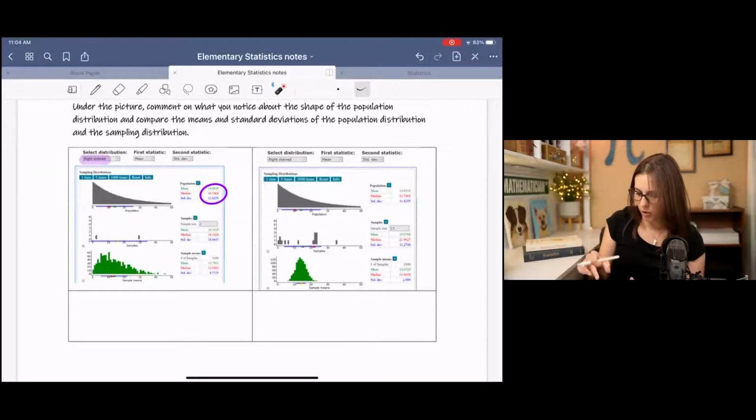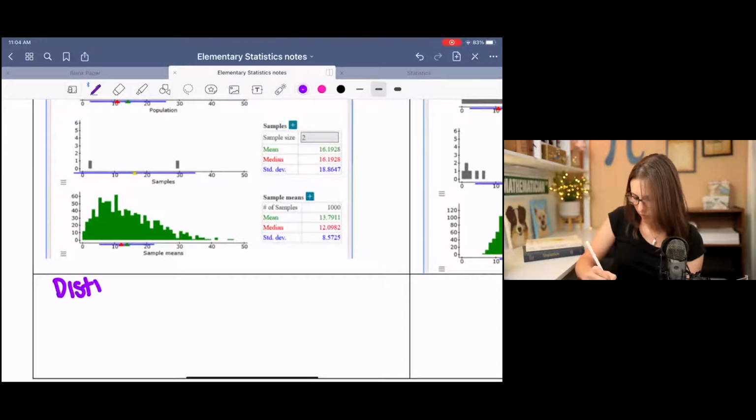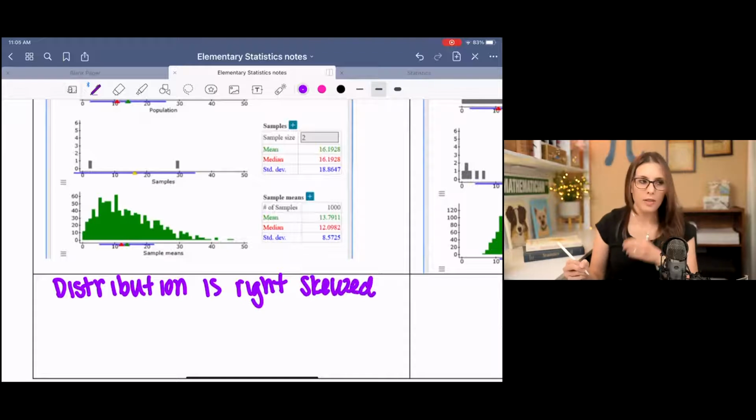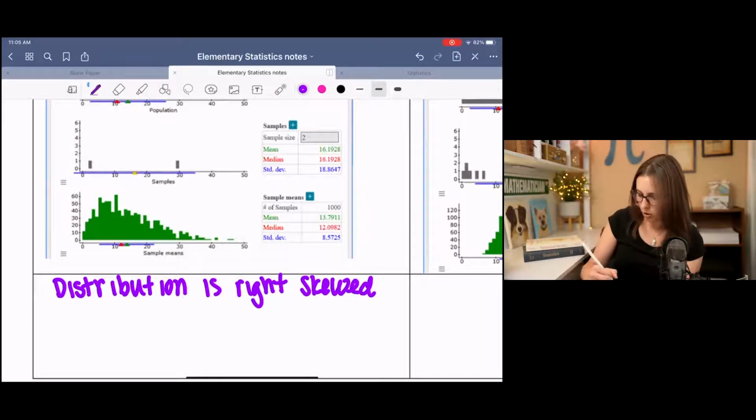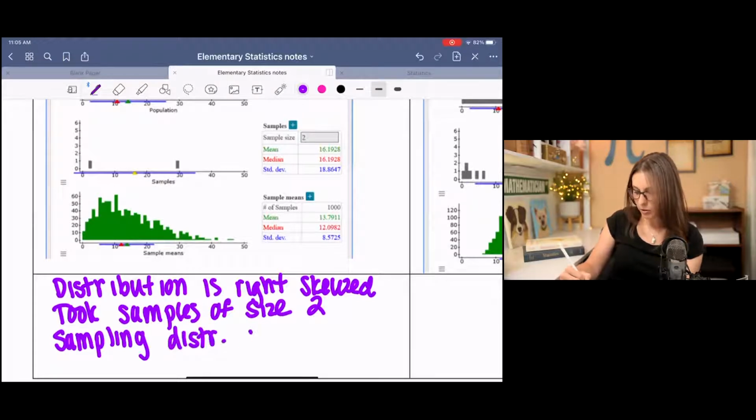Some things we want to note here: the distribution was right skewed to start with, and then when we took samples of size 2, so n equals 2, the sampling distribution was also right skewed.